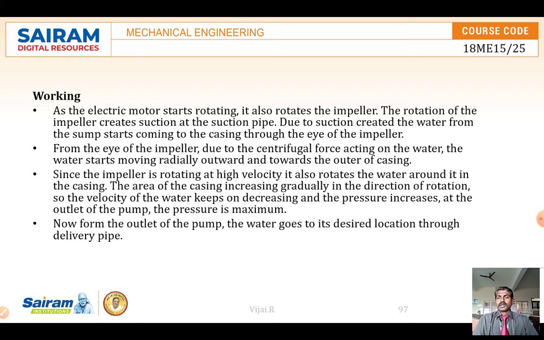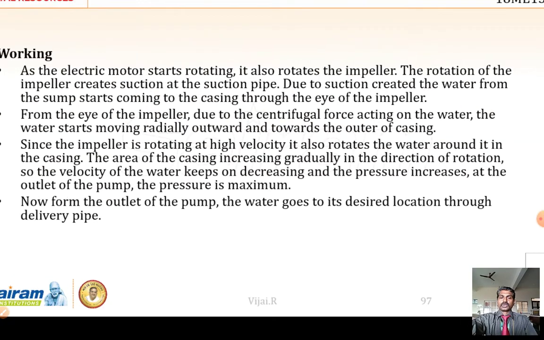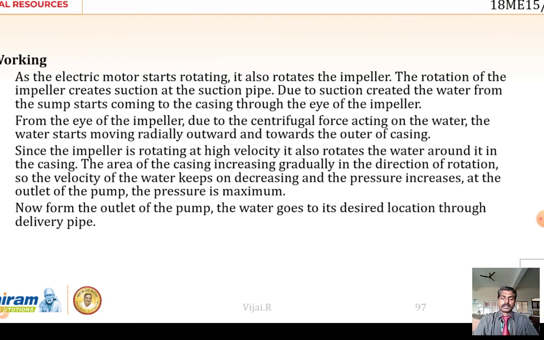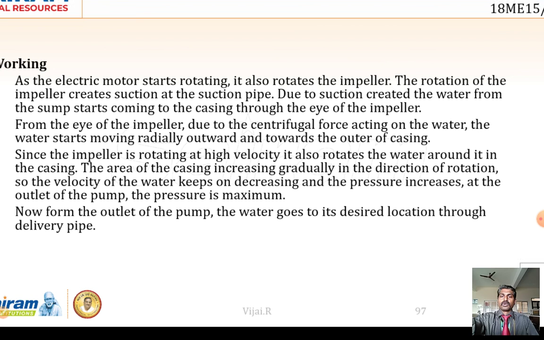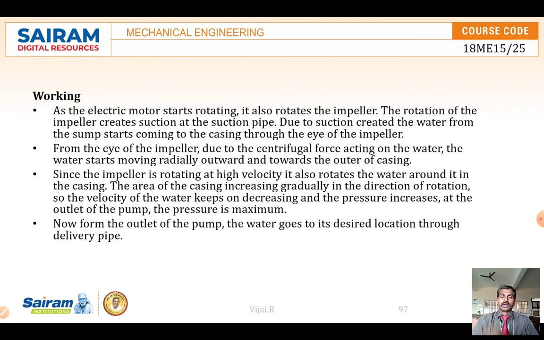Now, how does it actually work? The electrical motor starts rotating, and the impeller rotates, so that it creates a suction over the impeller. That sucks the water from the sump through the suction pipe.